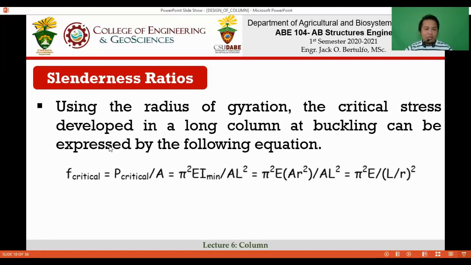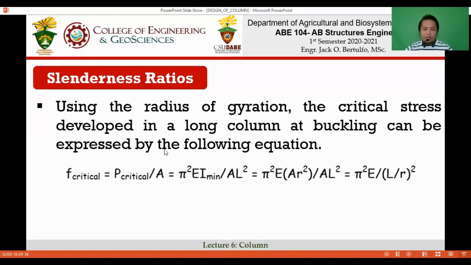So we know that the stress is just P over A, the force over A, but we will include the critical load. So this is the Euler formula, so we will use the P critical. Just substitute the P critical, and we know that I, the moment of inertia, as presented a while ago, is just equal to A r squared.